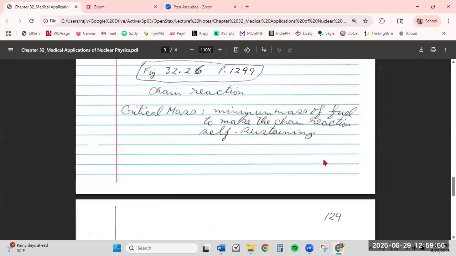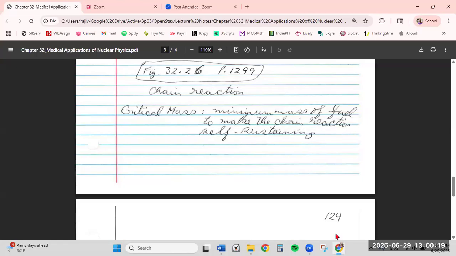Now, when you have a certain amount of nuclear fuel, fission fuel, which is basically what's being broken up into fragments, you need a certain amount, a critical mass, of that fuel in order to sustain a chain reaction.